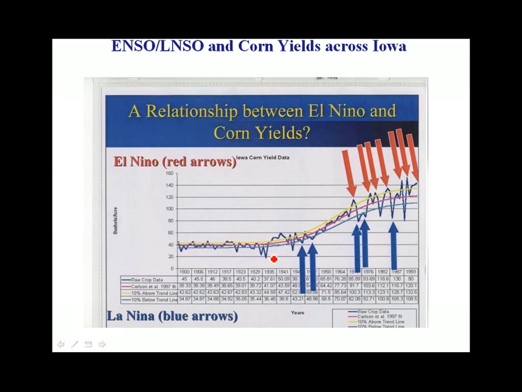And if we look down here at about 1935, during the Dust Bowl era, you see that bushels per acre across Iowa was about 19. And so this is the raw data.